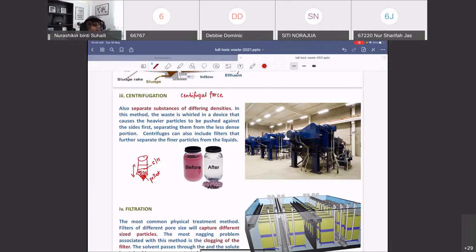From other particles. Okay, so these are the examples of large-scale centrifuge. If you studied bioprocess last time, if you still remember, centrifugation is part of downstream processing.